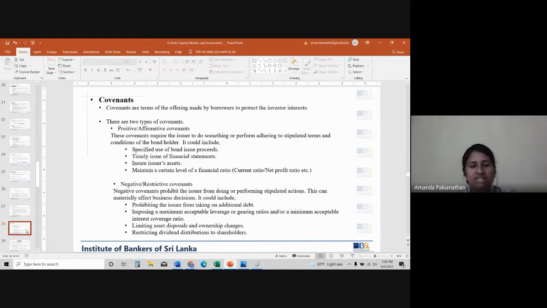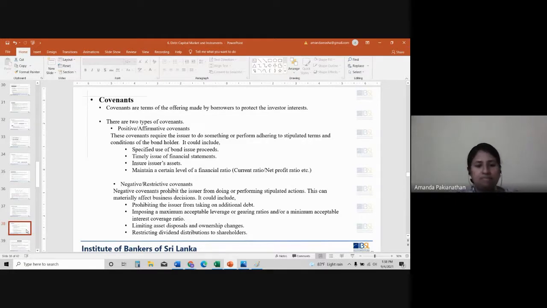Now this covenant can be divided into two: positive or affirmative covenants, and negative or restrictive covenants. What are positive or affirmative covenants? These are conditions that the company should do. Now understand where the difference is coming in. These are activities that the issuing company must do.